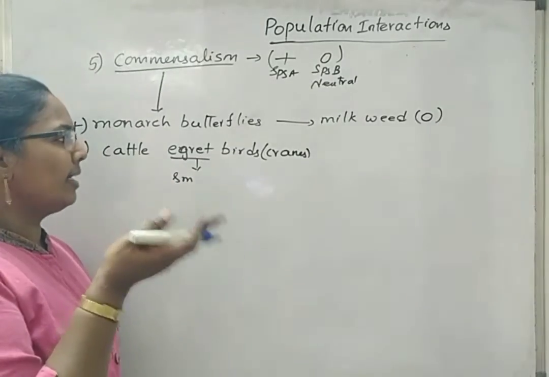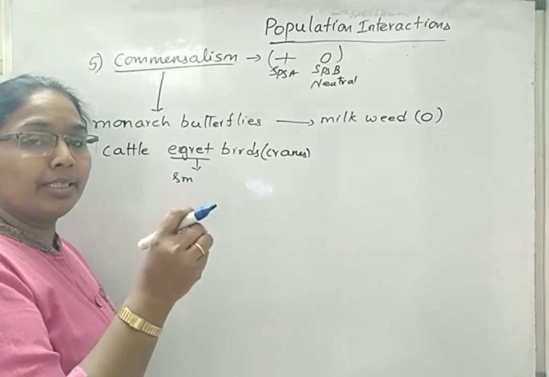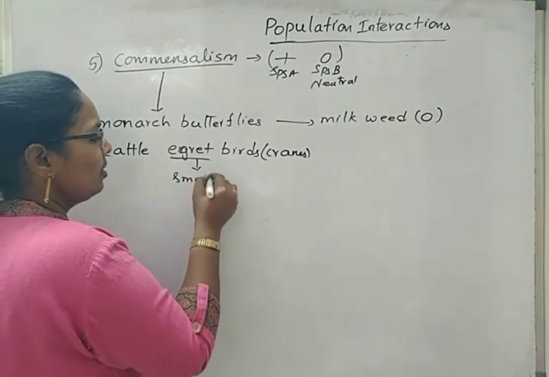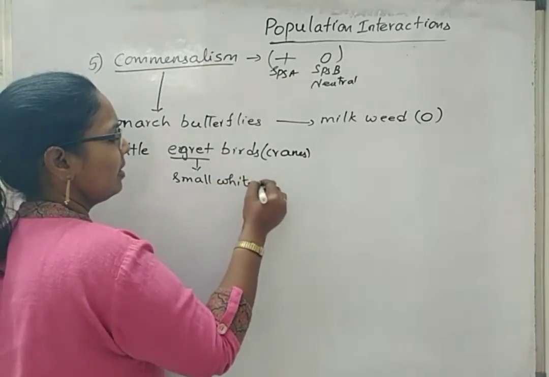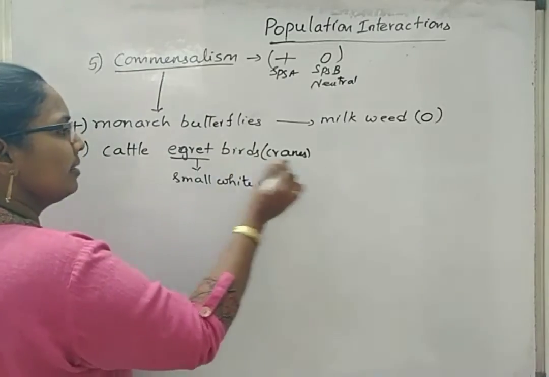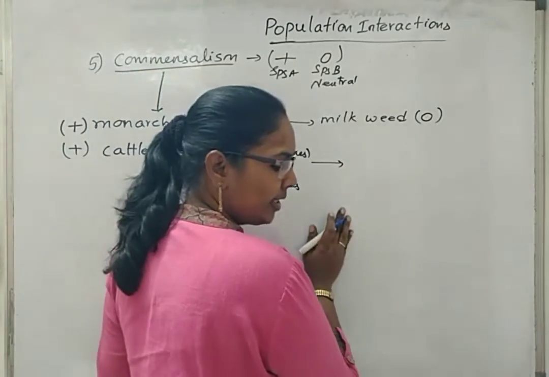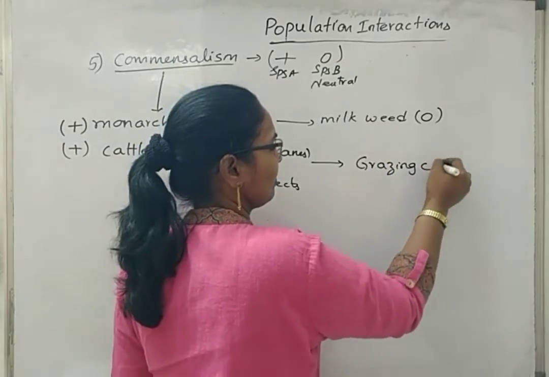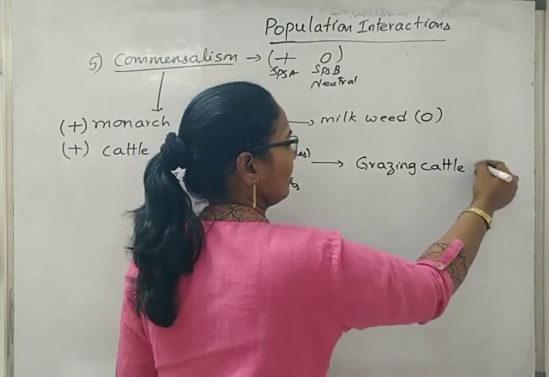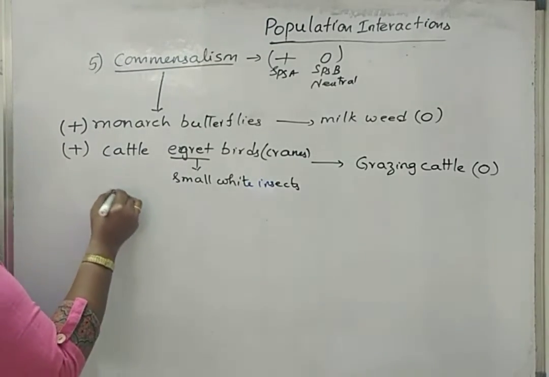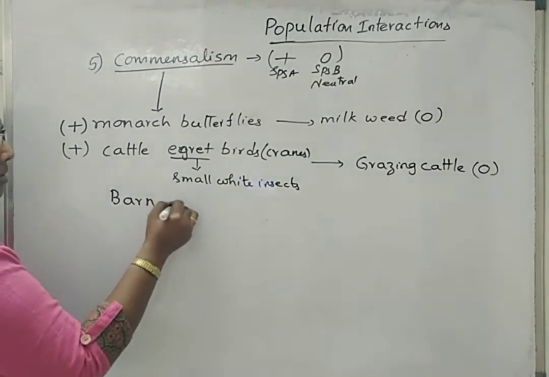Those are called egrets. These cranes will come nearby to eat those egrets or small insects. So the birds that are coming are getting benefited, but there is no harm for the grazing cattle. There is no harm.